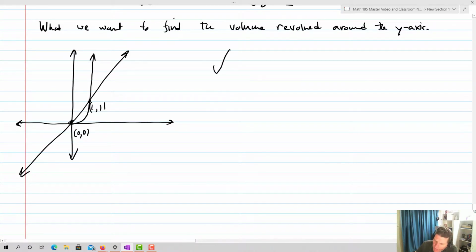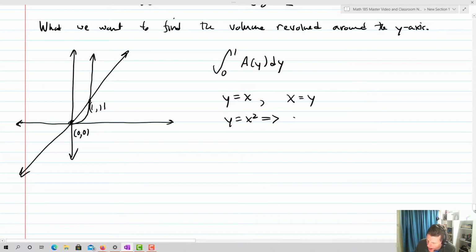So we're going to have the integral from 0 to 1 of a function of y, dy, because we're integrating with respect to y. Rewriting y equals x as x as a function of y, I get x equals y. And y equals x squared then becomes x equals the square root of y.